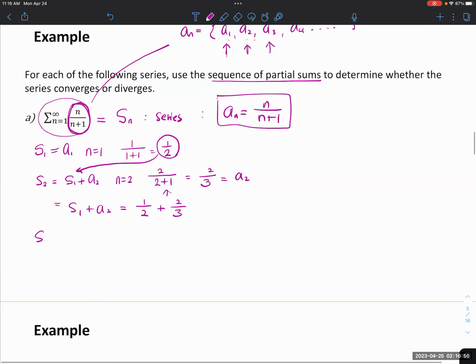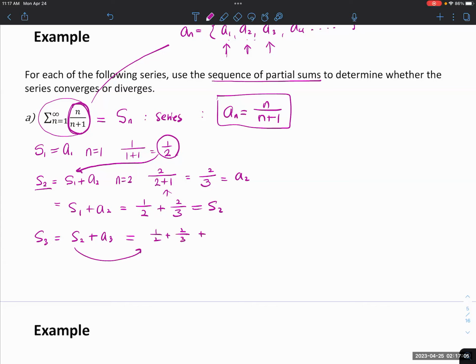Let's do it one more time, S3. S2 plus A3, am I correct? We already found out this is S2, correct? So we can plug in 1/2 plus 2/3 plus, what is A3? You plug in 3 here: 3/4. If you add them, that's going to be S3.